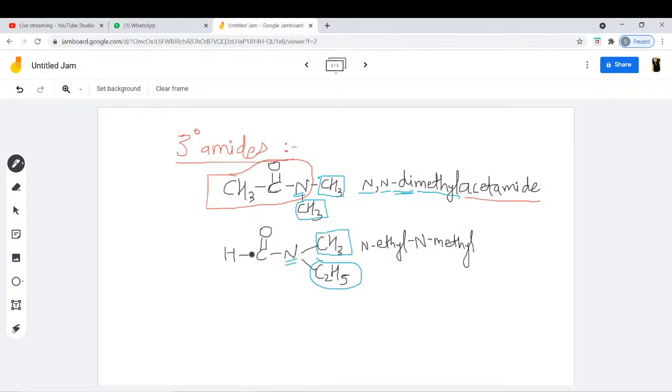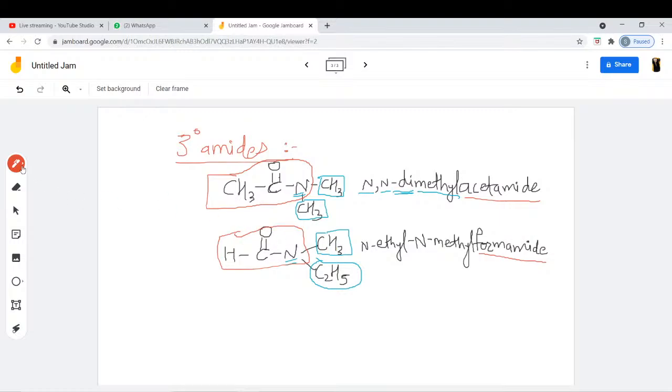Then how many carbons here? Only one carbon, this carbon. So you call it formamide, only one carbon and amide. Formamide is for this structure.